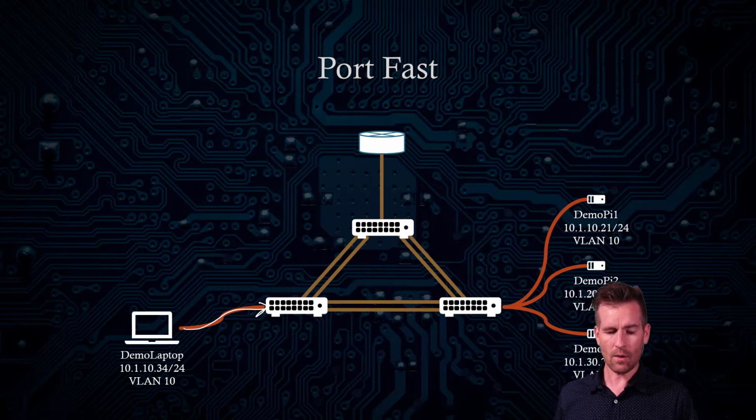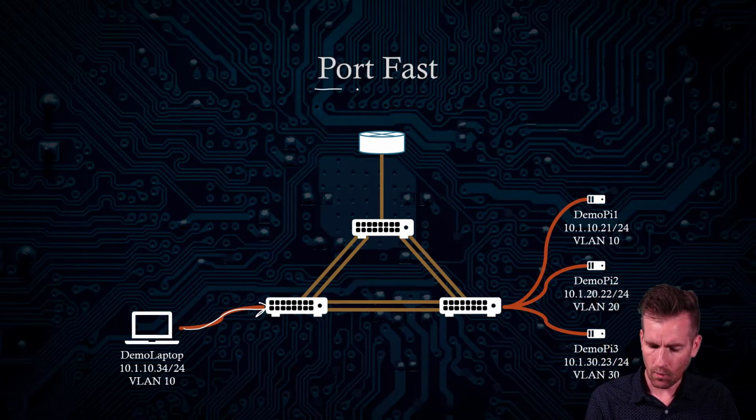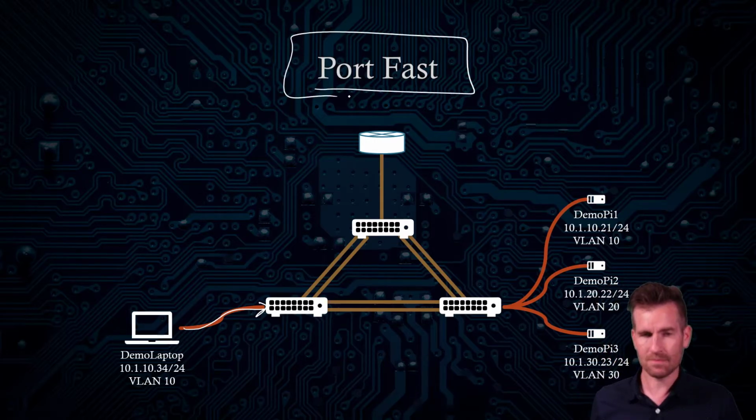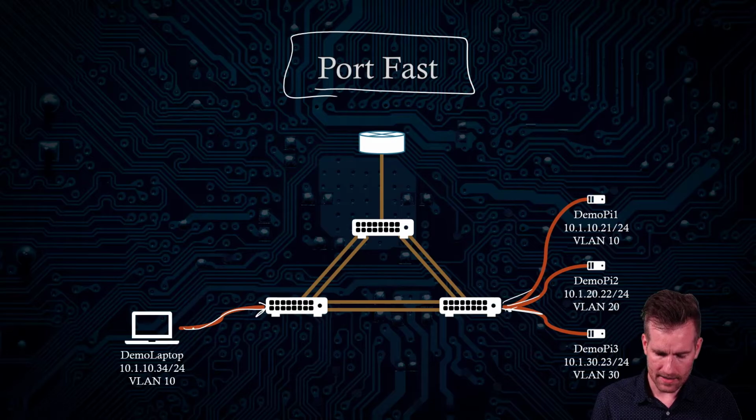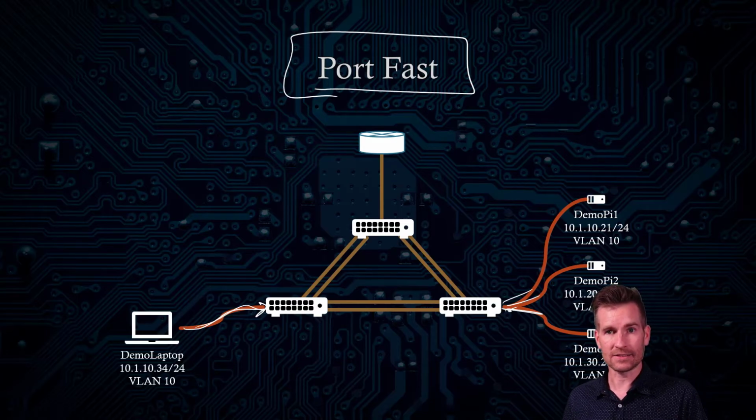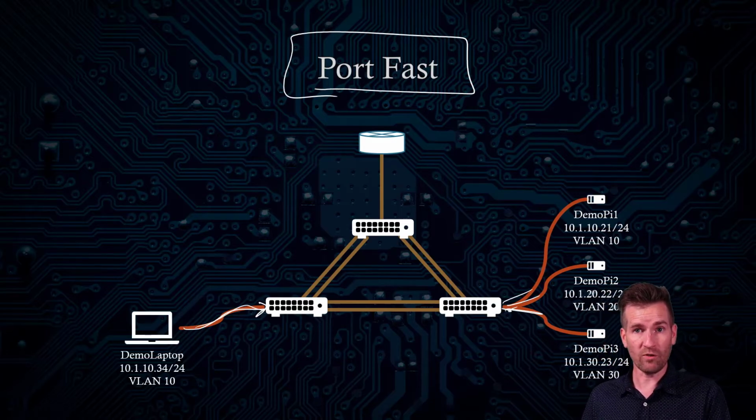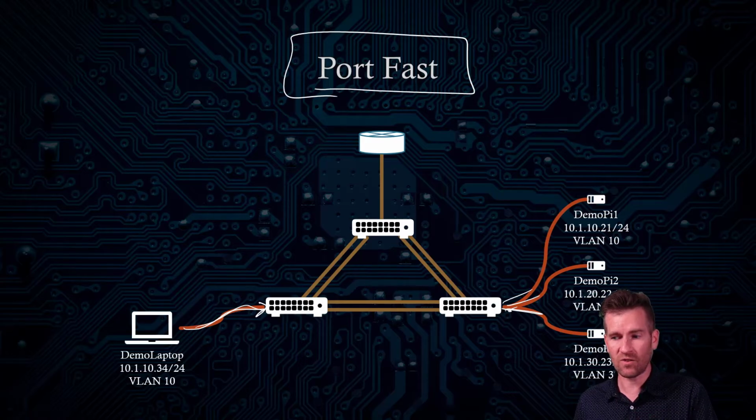So one thing that we can do is say, okay, we are going to set up on all access ports, all ports that are going to have end devices, so all 3 of my Pis and my demo laptop and anything else that I want, I would set up as Portfast so it could transition much faster.